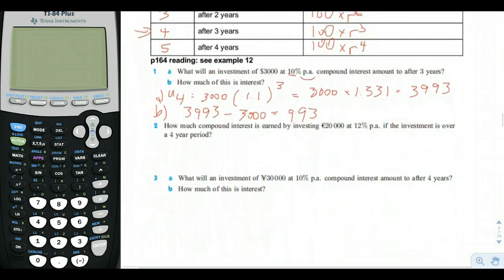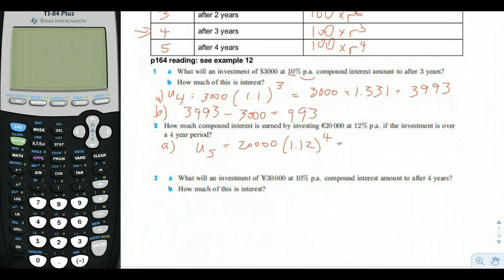How much compounding interest is earned by investing 20,000 euros at 12% per annum if the investment is over a 4-year period? Okay, so now we're going to do U5 equals 20,000 euros times the multiplier of 1.12 over a 4-year period.